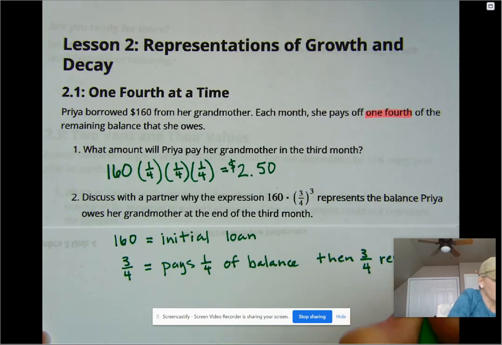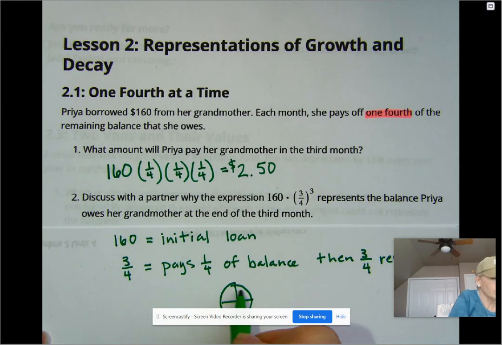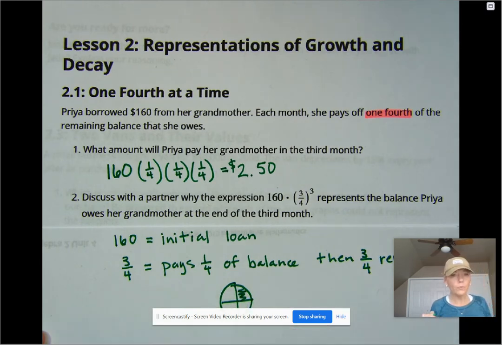Right? So if you think of it as a circle, we cut it into fourths. Here's her payment, 1/4, and then the rest, 1, 2, 3/4, is what's remaining.